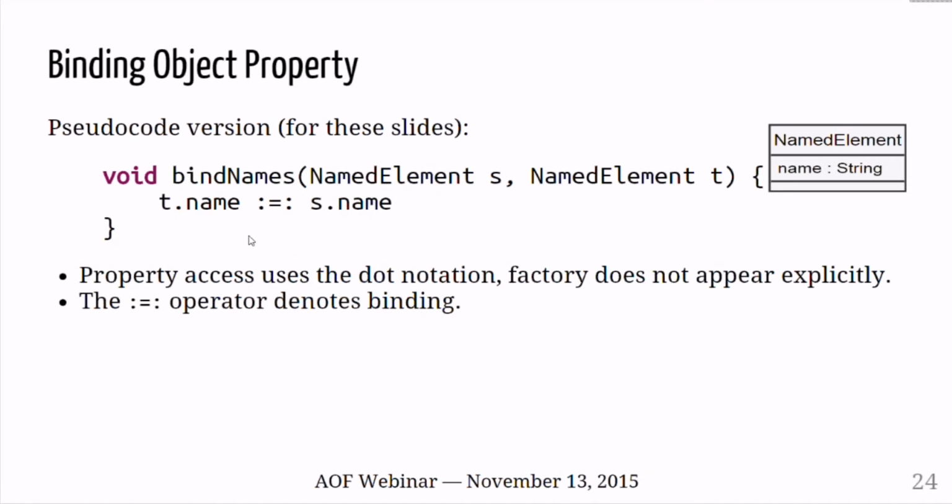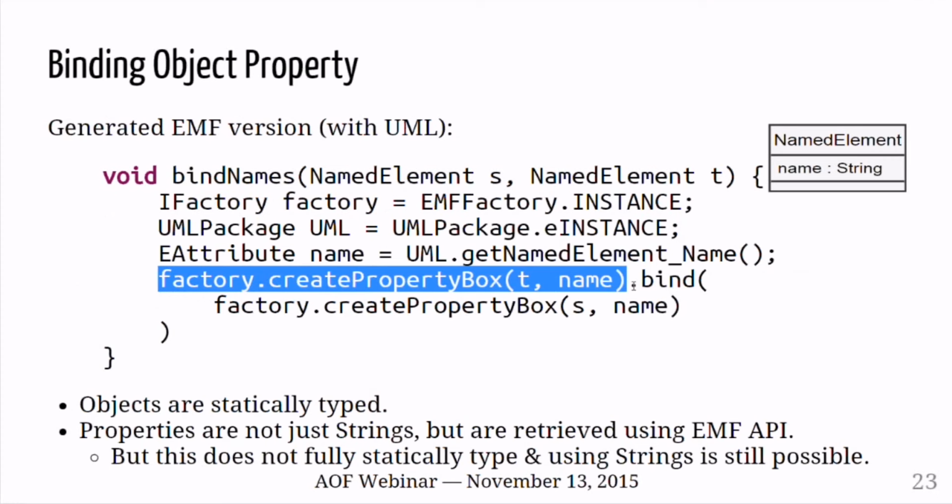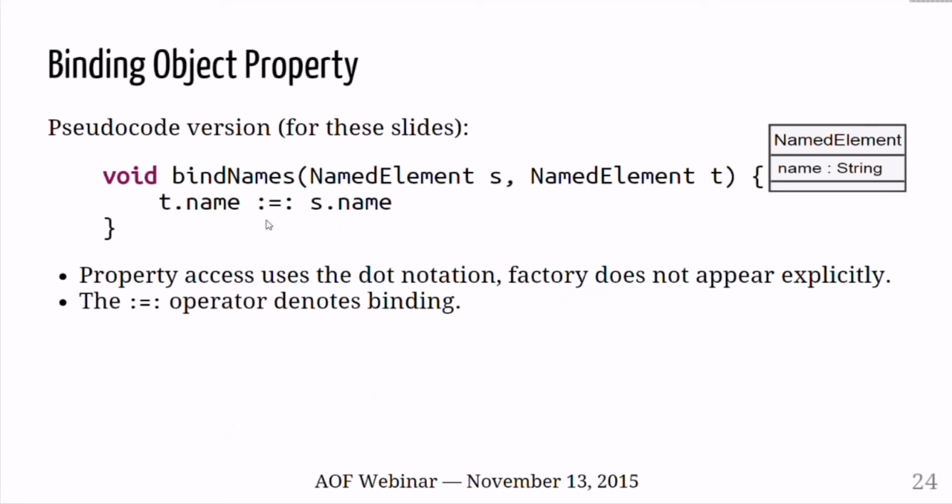So when it's non-ambiguous that we do mean property access wrapped by a box, we simply use the dot notation. But this T.9 here really means its factory that creates property box and so on. And this operator corresponds to the bind method.